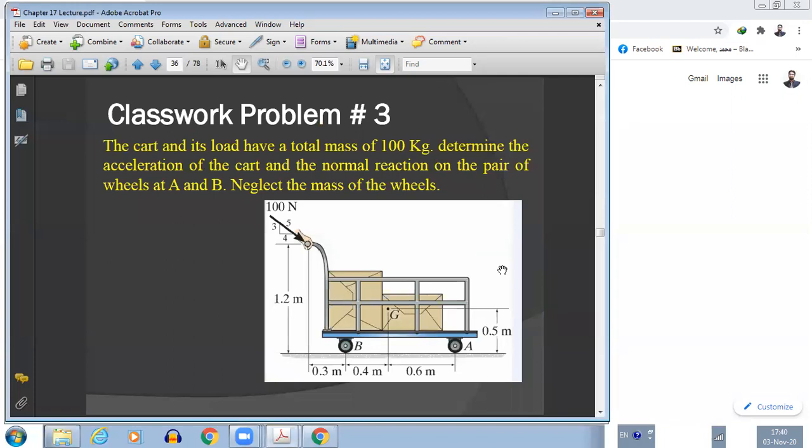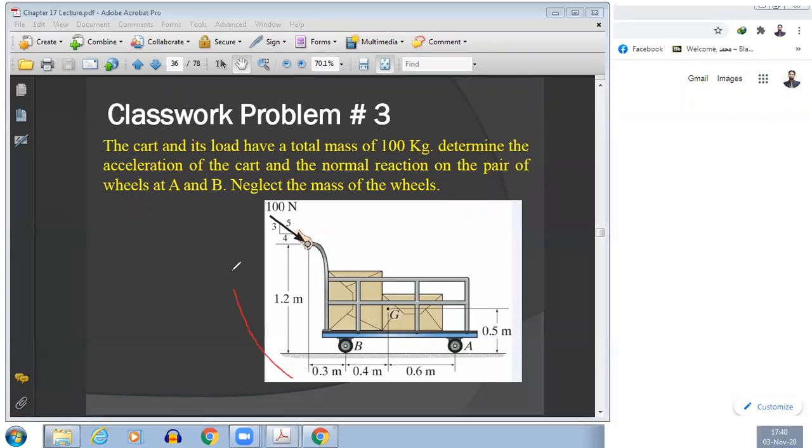Okay, so let us have this problem. The cart and its load have a total mass of 100 kg. So this is the cart and the load, and the total mass of 100 kg is acting at the center of gravity.